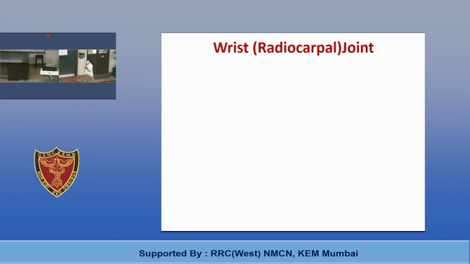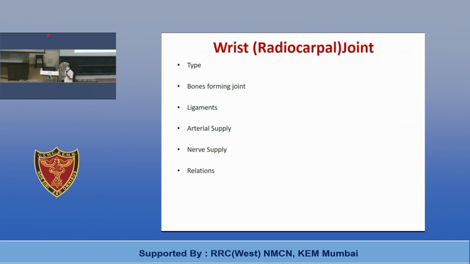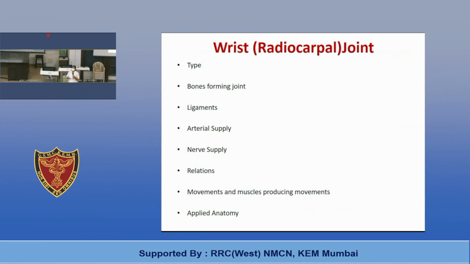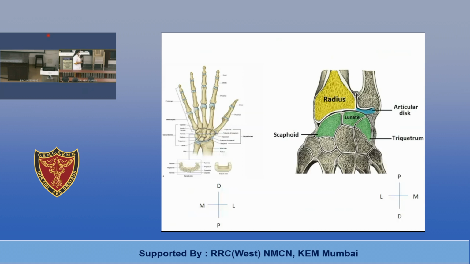The headings will be the same: type, bones forming the joint, ligaments, arterial supply, nerve supply, relations, movements and muscles producing movements, and applied anatomy. It is an ellipsoid variety of synovial joint, and as it is biaxial, there is a wide range of movements occurring at this biaxial ellipsoid joint.